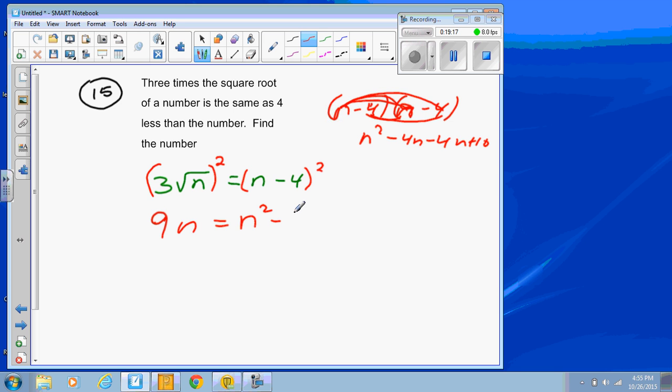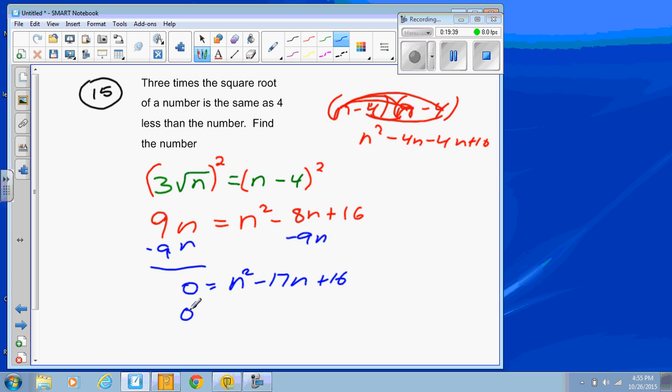So that becomes n squared minus 8n plus 16. Now to solve this, I want to get rid of this 9n and make it equal 0. So I'm going to subtract 9n from both sides. That becomes 0 equals n squared minus 17n plus 16.